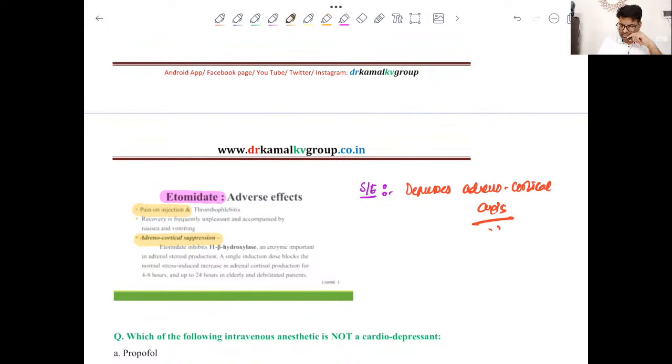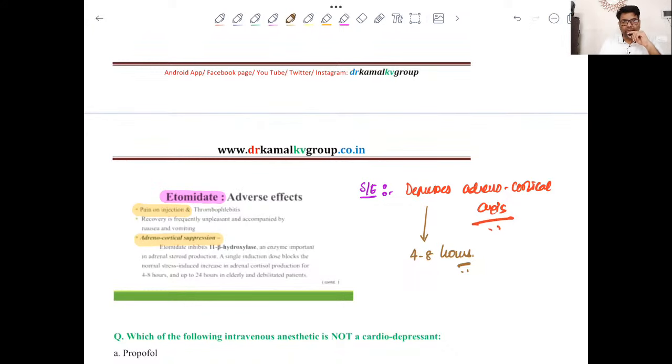And for this, the time duration has been given as nearly 4 to 8 hours for which the axis remains suppressed. And since you know that it is going to suppress the adrenocortical axis, never give etomidate in a patient who already has adrenocortical suppression or insufficiency.